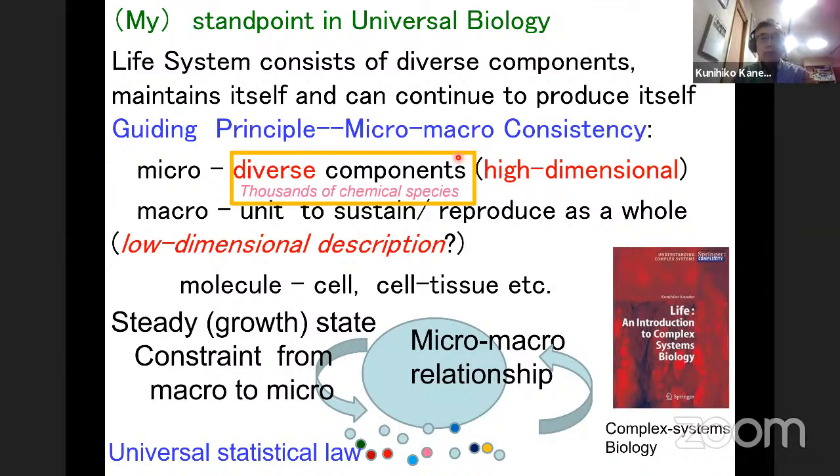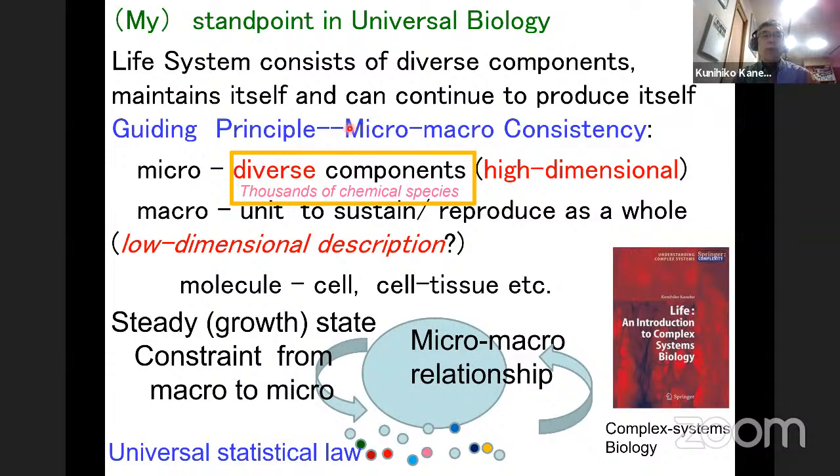A life system generally consists of diverse components. For example, in a cell there are many, many different kinds of molecules. But still, the cell can maintain itself and can continue to produce itself.